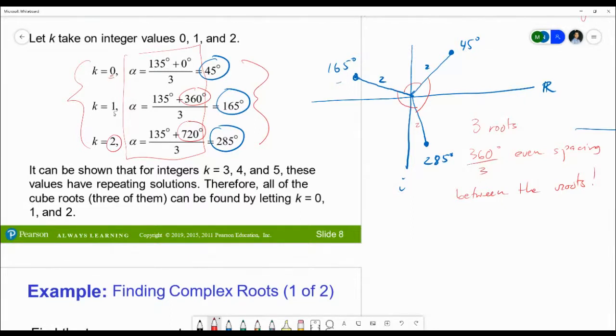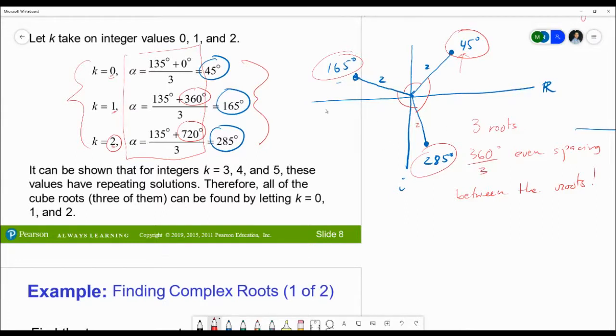So we use 1, 2, 3 values of k, not k equals 3, just like we did before when we solved equations. So if you can find the first value of the angle here, you can find the rest very easily by dividing 360 by how many roots there are, and then just adding that.